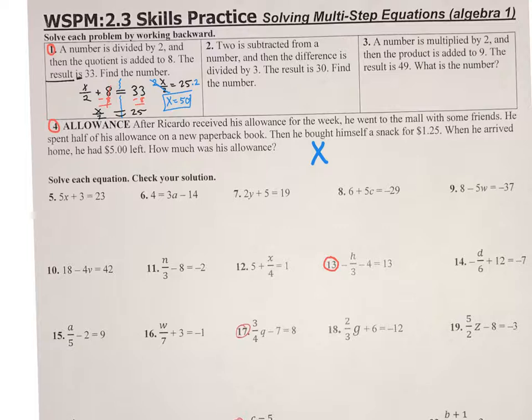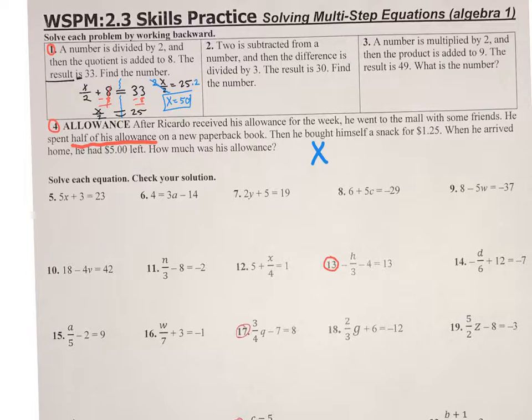Okay, but check this out, guys. It says he went to the mall with some friends. He spent half of his allowance on a new book. So we don't know how much his allowance was, but it says that he spent half of it. Does that make sense? So that means he had 10. Half of his allowance, if it was $20, he'd have 10. Right? Make sense?